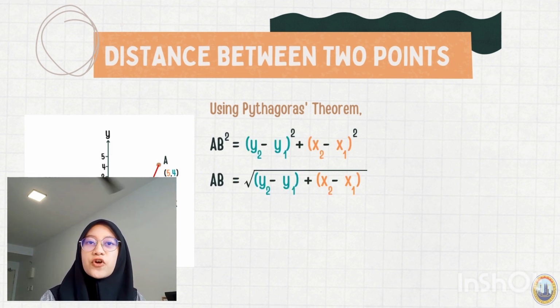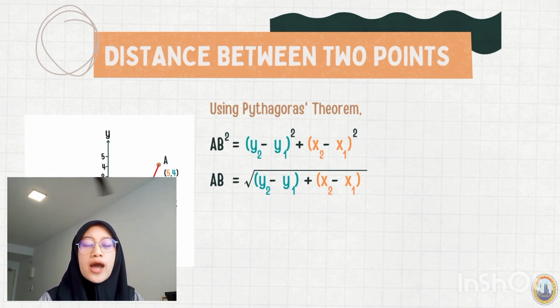So this is the formula of the Pythagoras theorem. AB squared equals (y2 minus y1) squared plus (x2 minus x1) squared. And then AB is equal to the square root of that.